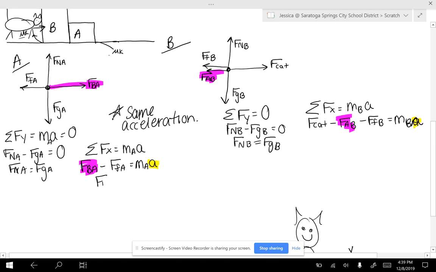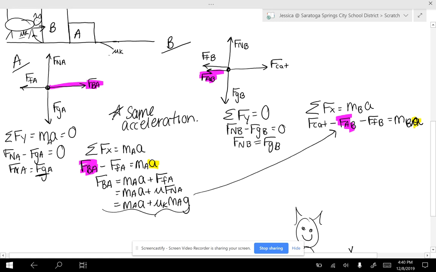So I could figure out what the force between the 2 boxes is, that F_BA force, by adding the force of friction on block A to both sides. That force of friction is just going to be the mu times the normal force on A, which is the force of gravity on A, which is the same thing as the mass of A times g. So I can take this whole equation and plug it in over here.